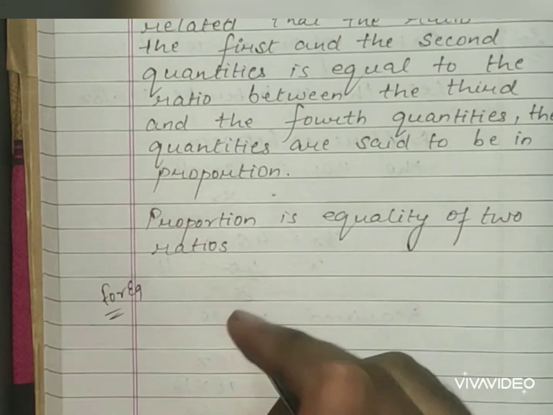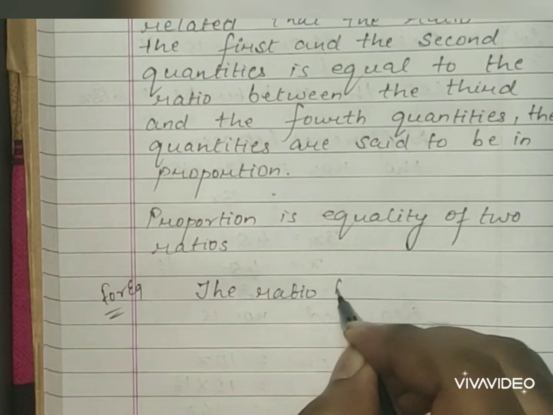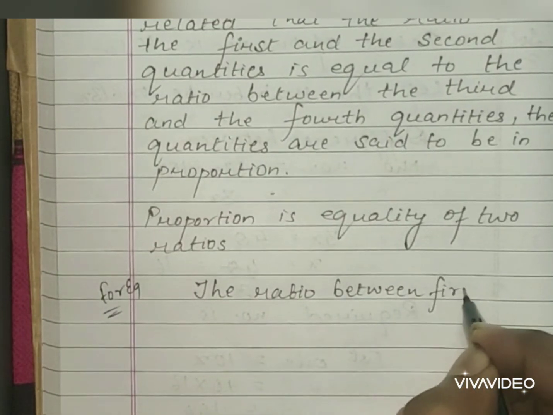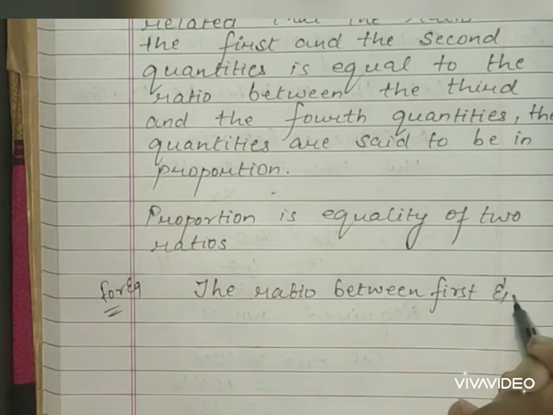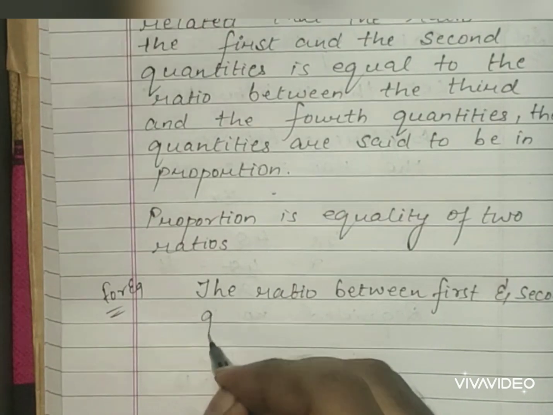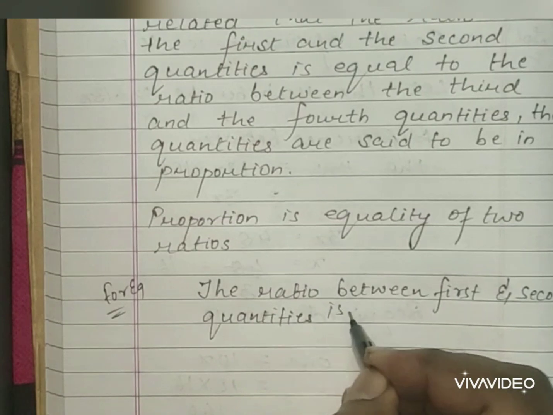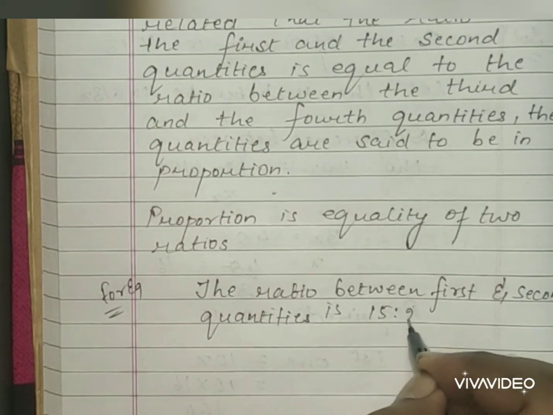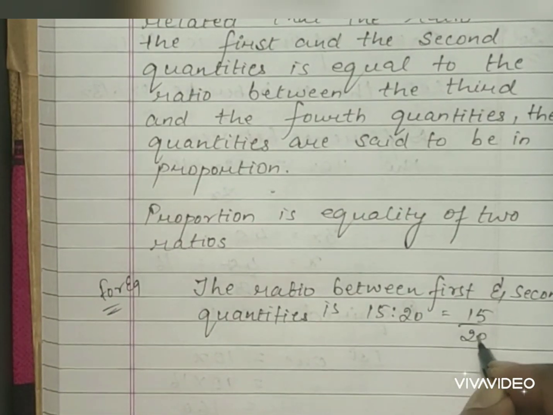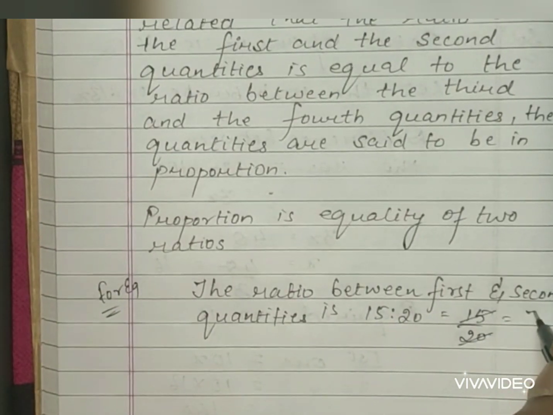For example, the ratio between first and second quantities is 15:20. That means when you divide this, you will get the appropriate ratio. Simply 5 threes are 15, 5 fours are 20, so 3:4.